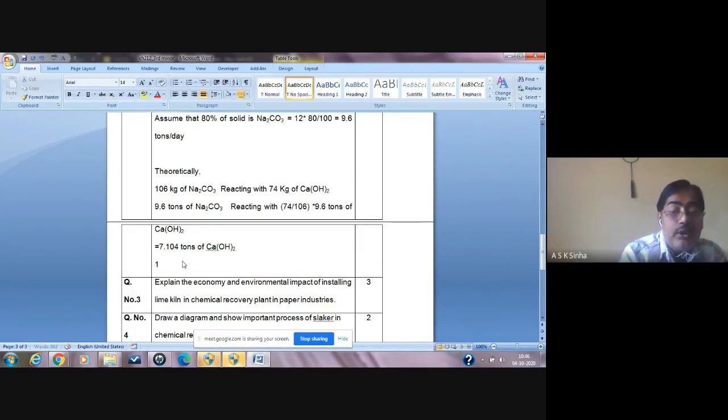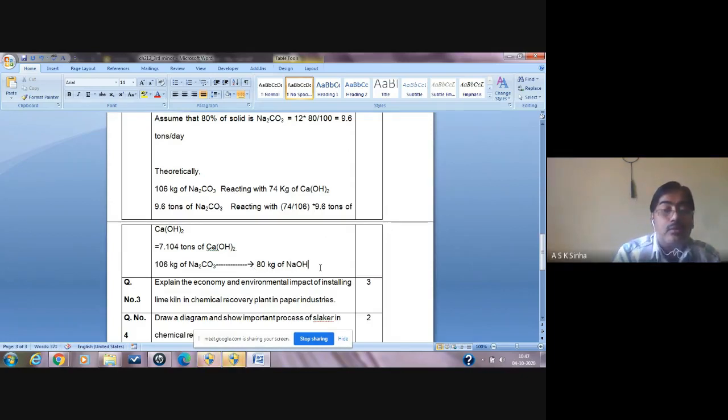That means 106 kg of sodium carbonate is giving you how much? So giving the 80 kg of NaOH.